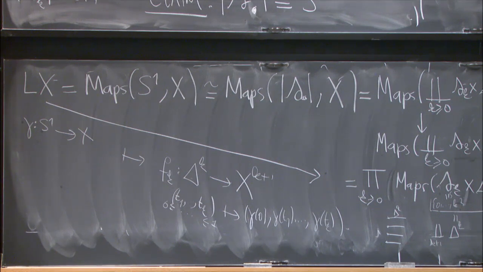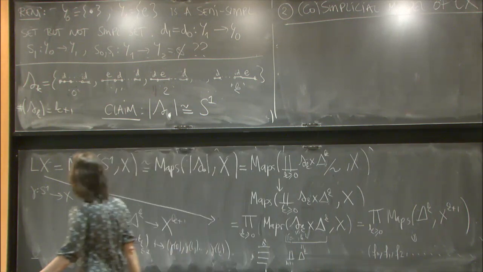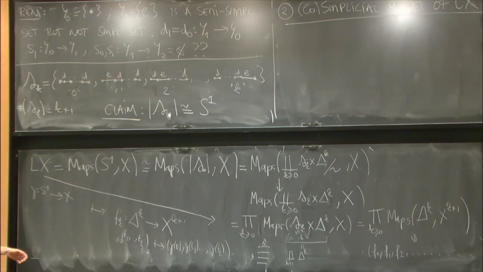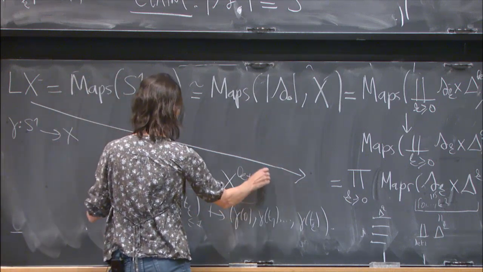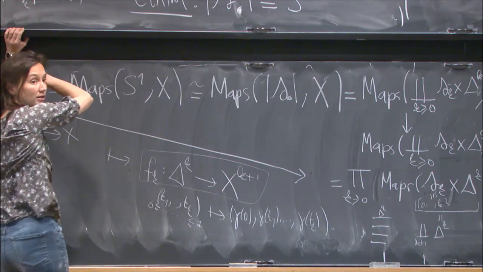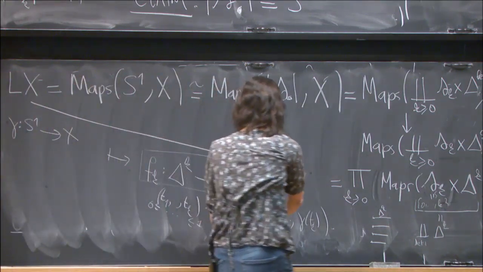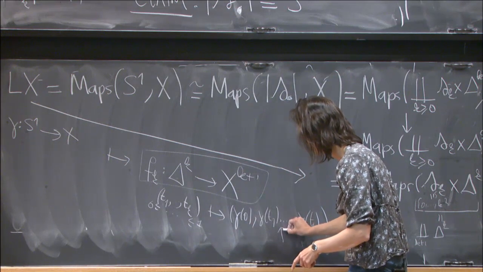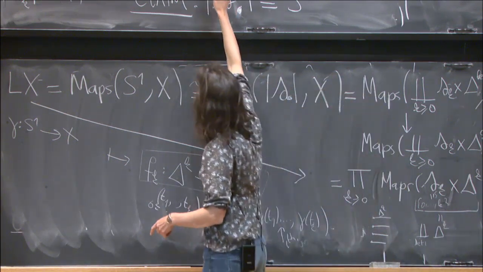I claim this is the map, and I claim we can see this. Shall we try? Fk is the map related to this guy. When I take Sk, its value in the i-th position should be related to the i-th simplex here.